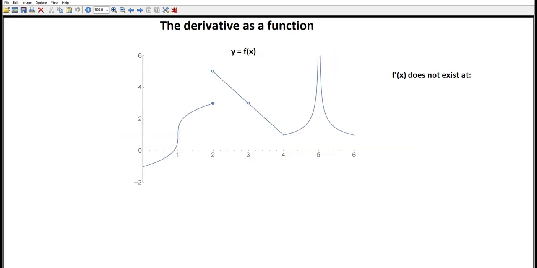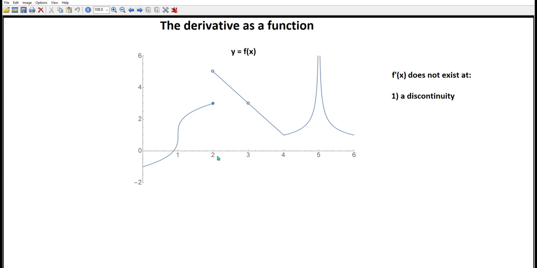When does f prime not exist? Let's take a look at the following graph. And remember that f prime is the slope of the tangent. So if we zoom in on a section of the curve and we don't see something that looks like a line, there isn't a tangent line, which means that any sort of discontinuity is going to cause trouble.